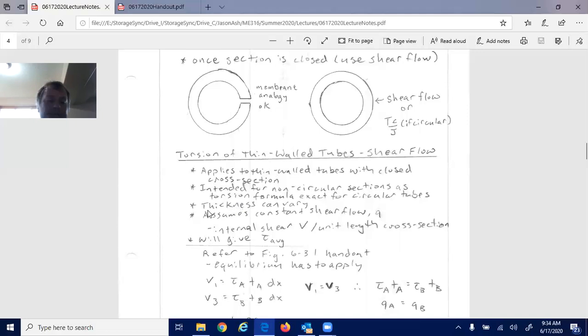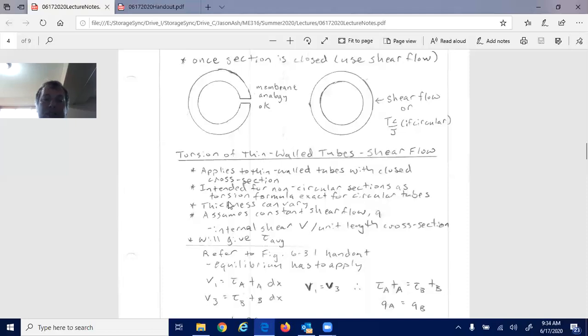You can do that, let's see, I think that would be tough to do with the torsion formula. That would come back further into the integral expression that you would have to use to solve for that. And so if you have varying thickness, I'd probably steer away from the torsion formula and go straight to shear flow.